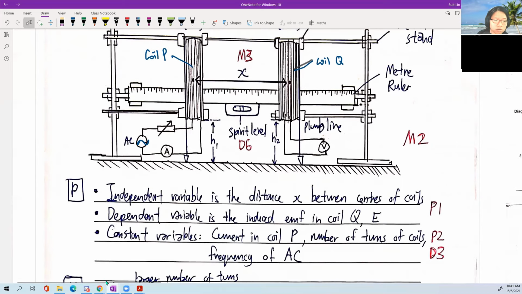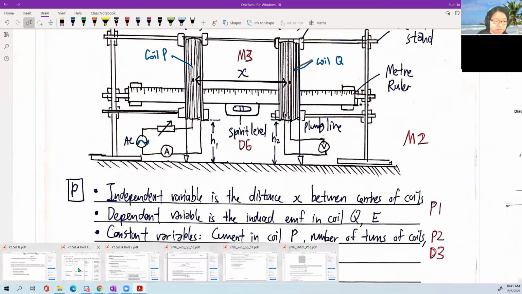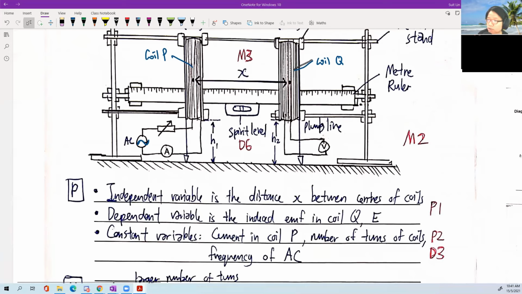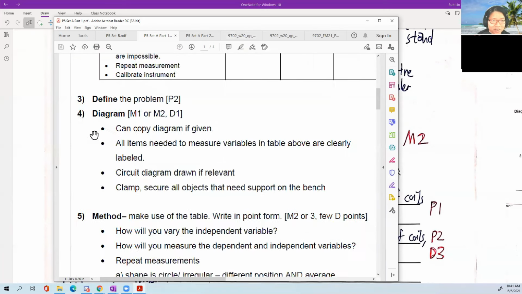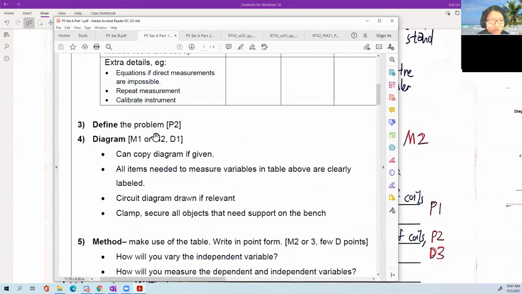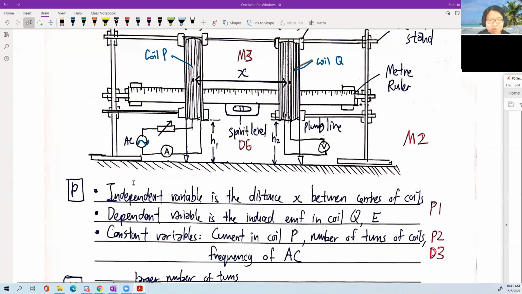So the first format that I want to mention is that you will always start with defining the problem. So please use point form. Normally, when students don't use point form, weird things can happen. So you define the problem, P2. I prefer something like this.